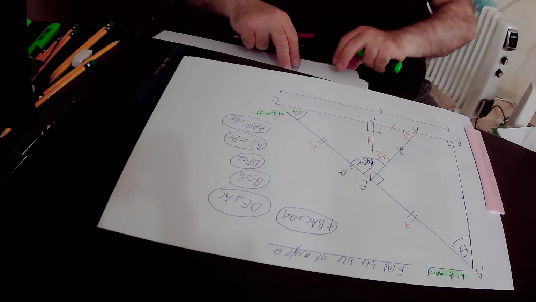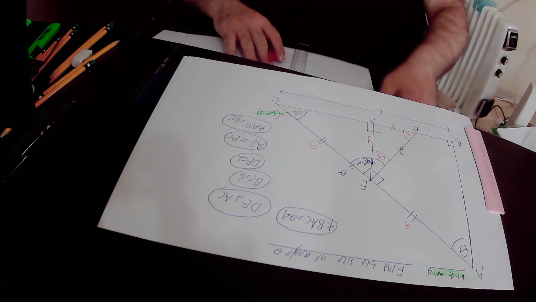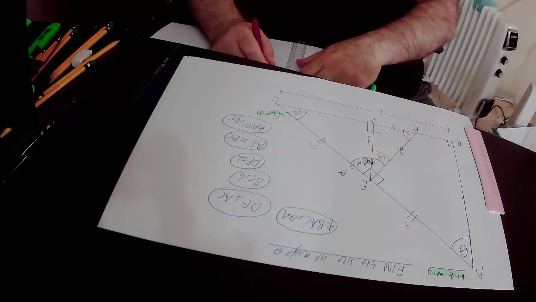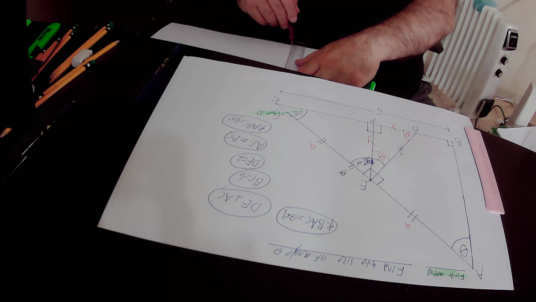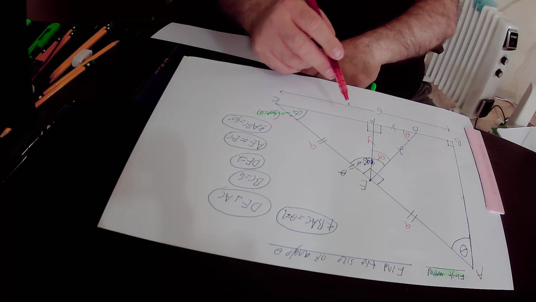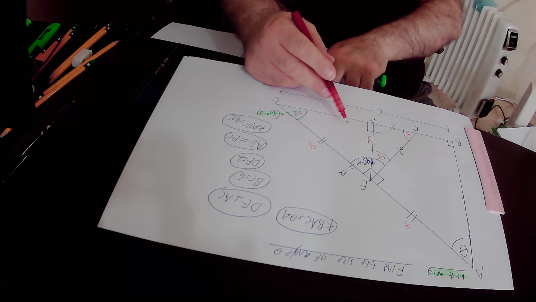I'll repeat again. We'll prove that the right triangle ABC is similar to the small right triangle EFC.